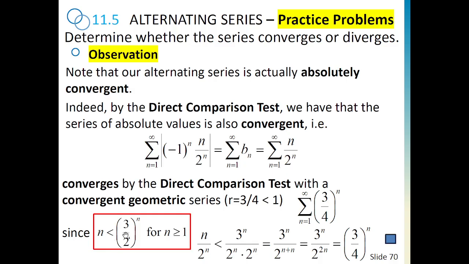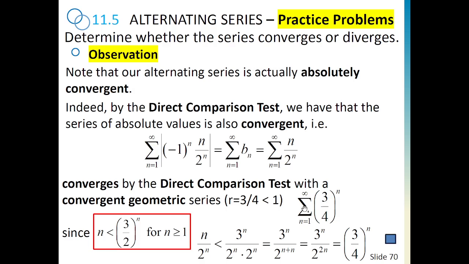So n is smaller than 1.5 to the power n. Here the expression is n divided by 2 to the power n. So I divide both sides by 2 to the power n. I get something like this, and then I have 3 over 4 to the power n. This is a geometric series that is convergent with r smaller than 1.